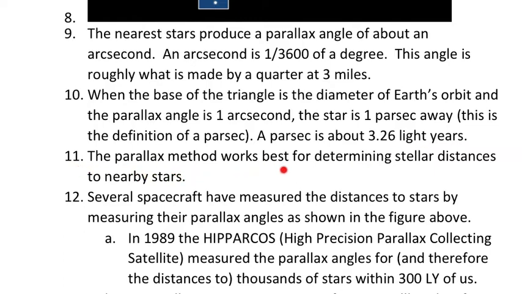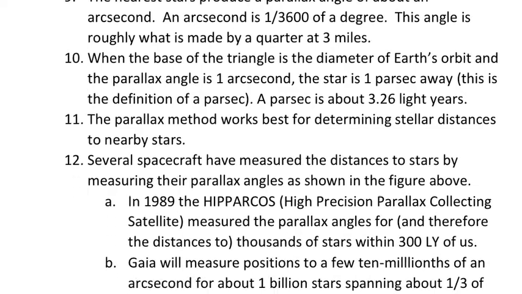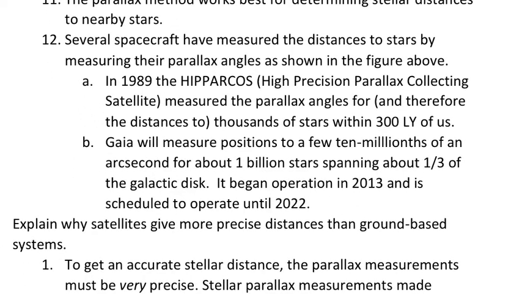So the parallax method works best for determining the distances to nearby stars because the farther away you get, the less well it works. We've had several spacecraft that have made parallax measurements.